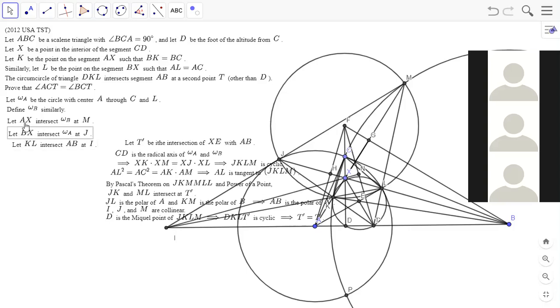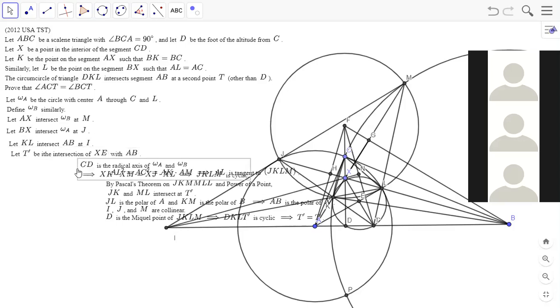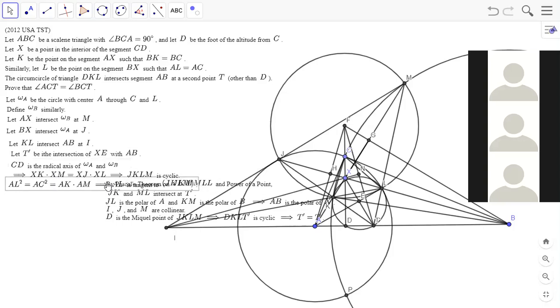I was assuming that somehow you already knew it was cyclic. How do you know that inversion does that? Because I guess we know XCP is harmonic. FCXP is harmonic? Yeah. Okay.